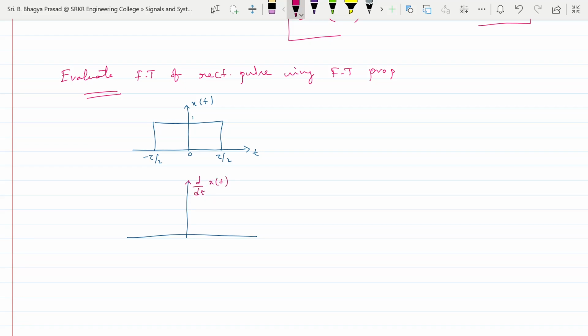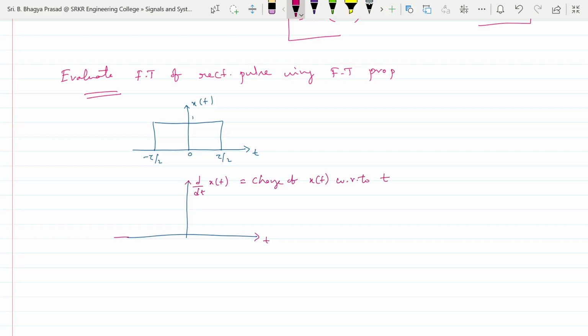That is, I'm going to find the change in x of t with respect to time t, or the time axis. Let me find out the change of x of t with respect to t.